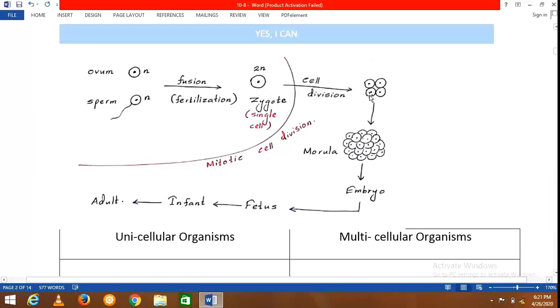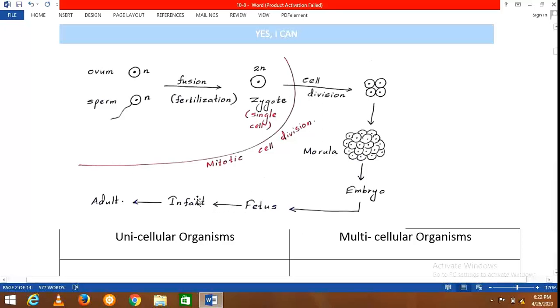As a result of cell division, the number of cells increases, and we call this cluster of cells the morula. The number of cells will be further increased due to mitosis, and it will form a structure known as the embryo, and the embryo will develop into the fetus. Actually, we call the embryo the fetus after 11 weeks of development.